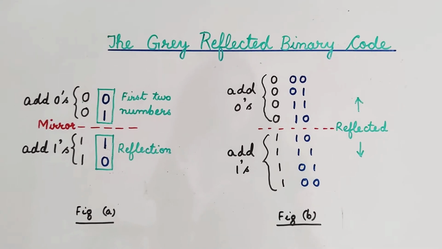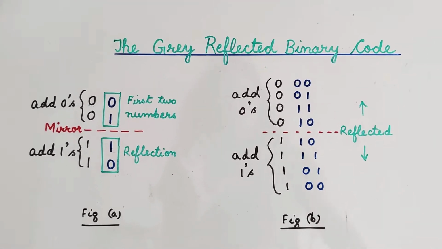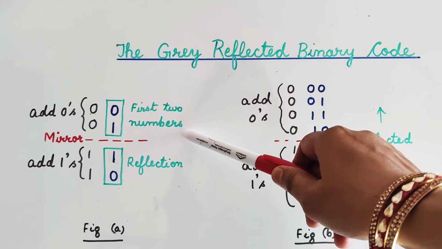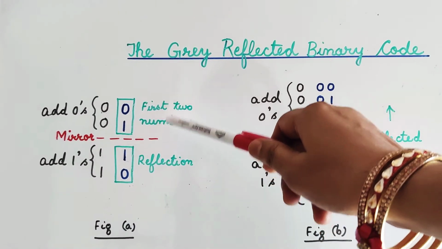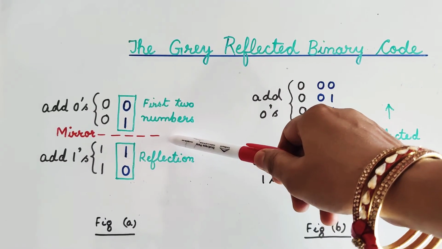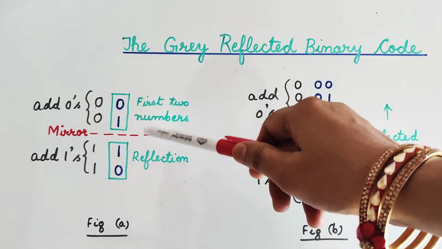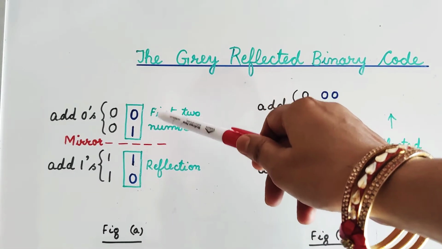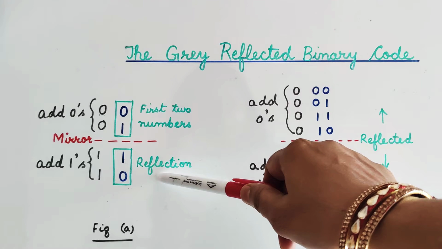For this, first we will write the first two numbers 0 and 1, and we will place a mirror below these two numbers and see the reflection of these two numbers in the mirror. The reflection comes out to be 1 and 0.